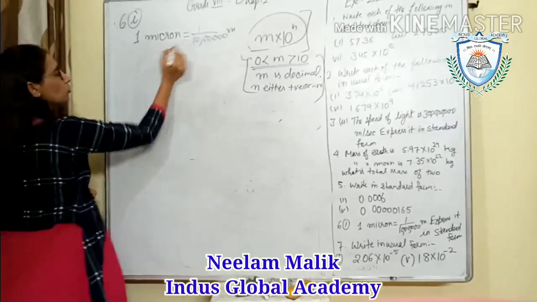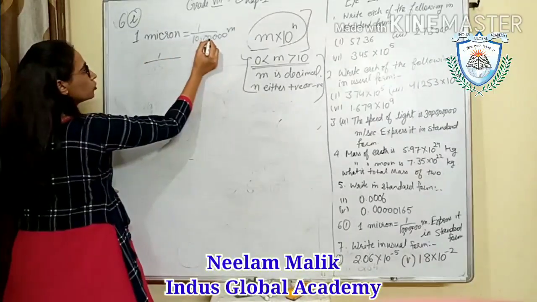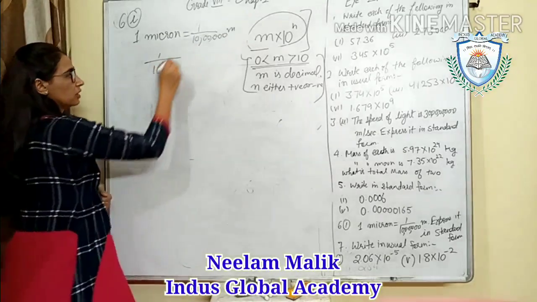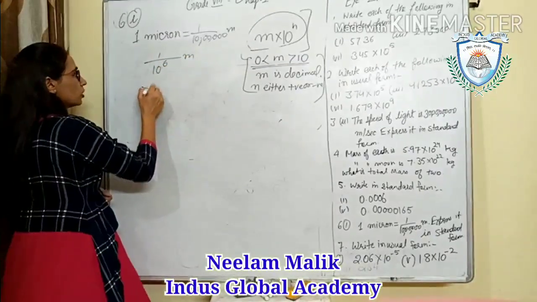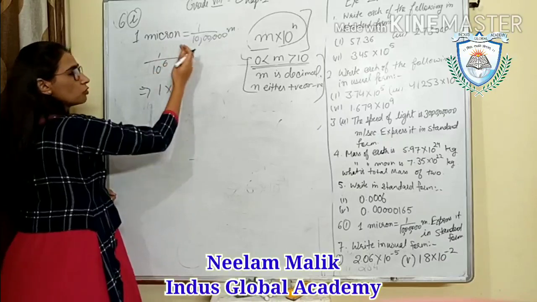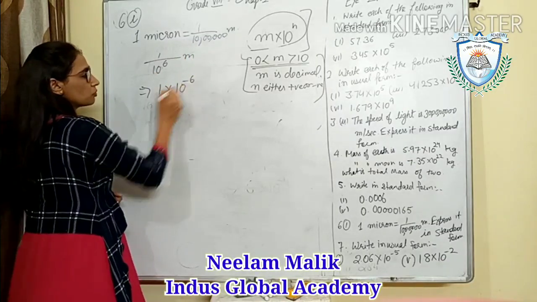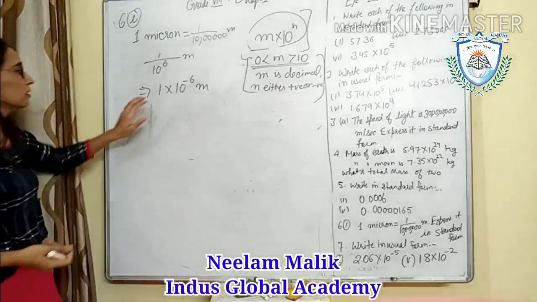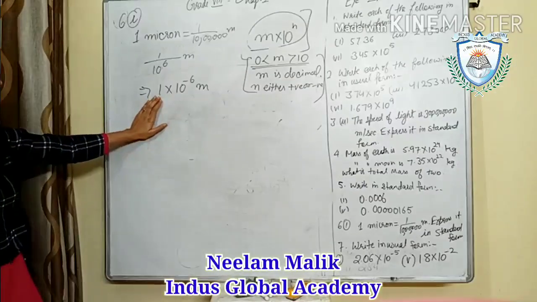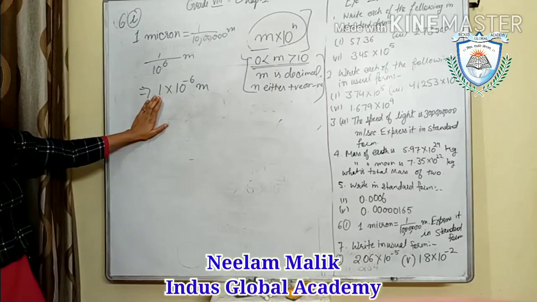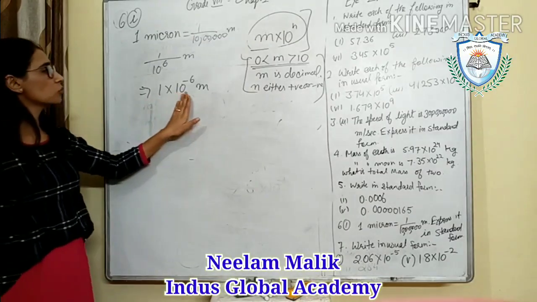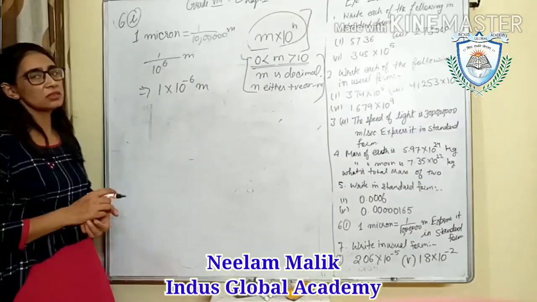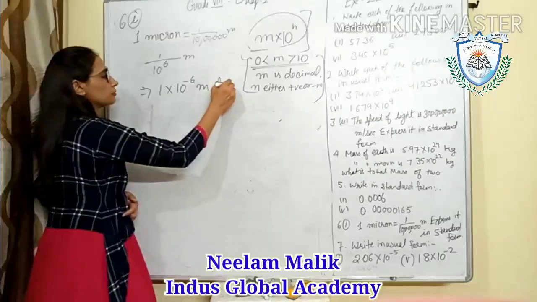So 1 upon 1, 2, 3, 4, 5, 6, 10 raised to power 6. So it will be 1 into, it will go up, power will be negative, 10 raised to power minus 6 m. This number is our m, greater than 0 and less than 10. And this is also in the power of 10. So this is our answer.